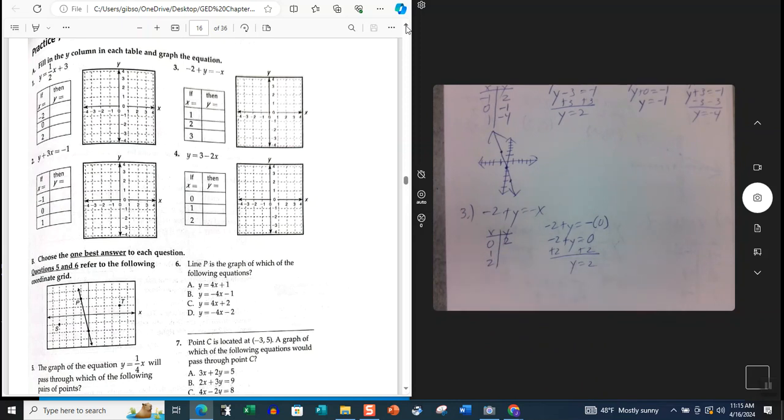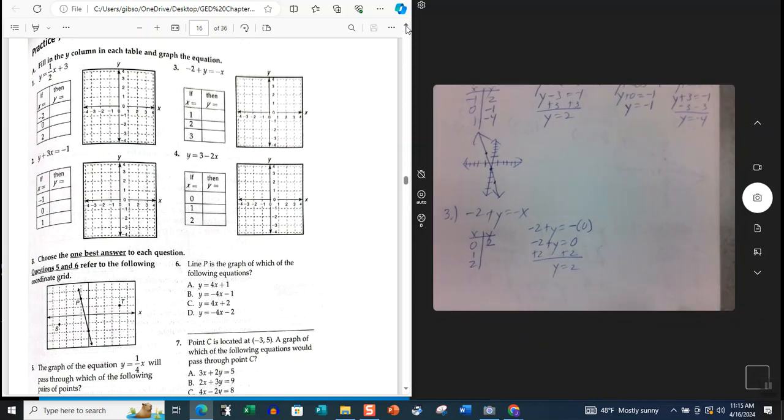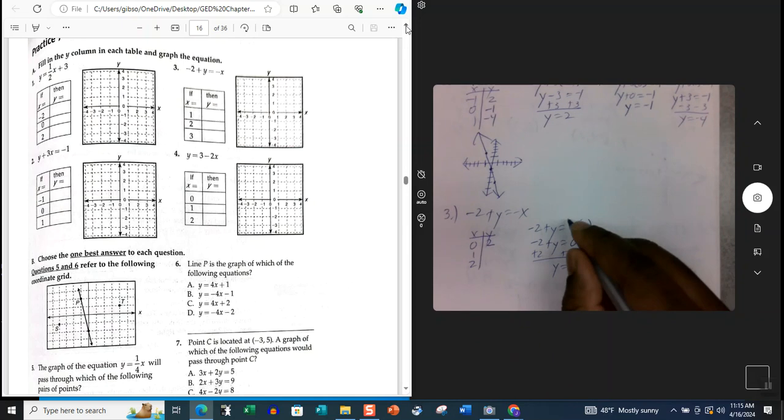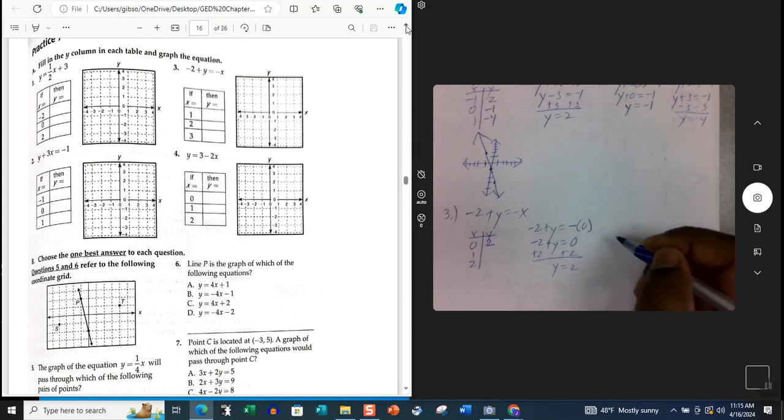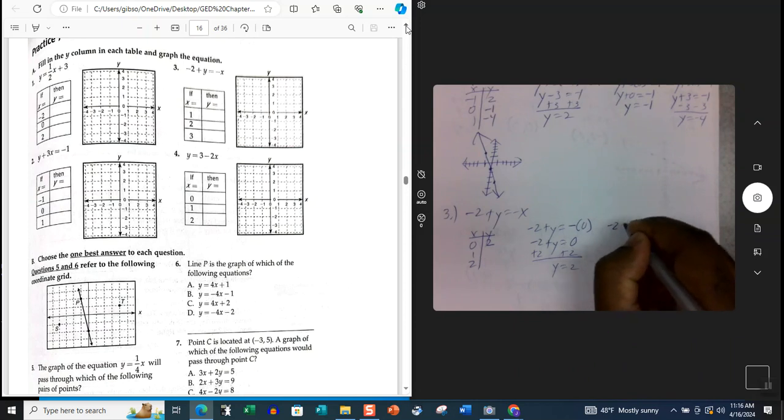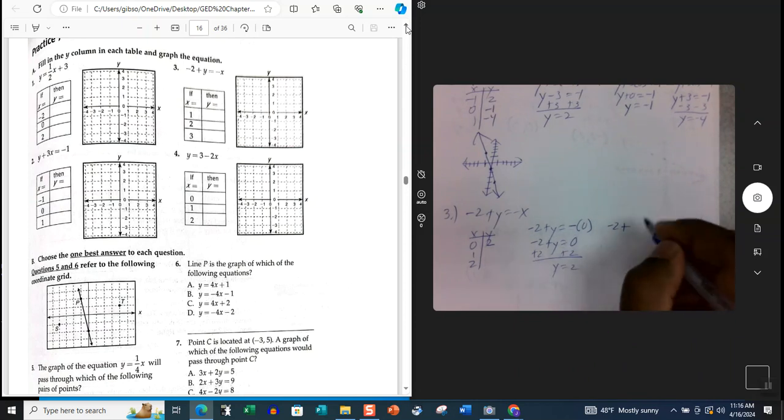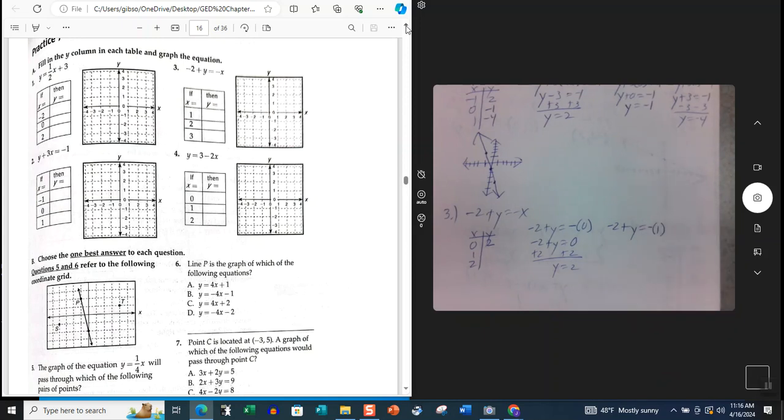So when x is 0, y is 2. Now we go here to the next problem. So now we have -2 plus y is equal to the opposite of +1. So we have -2 plus y equals -1.